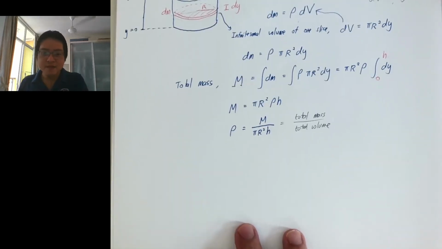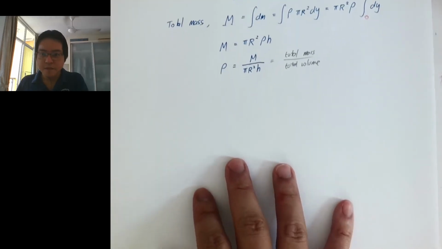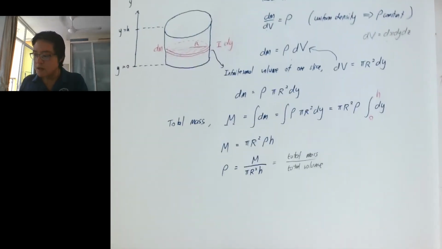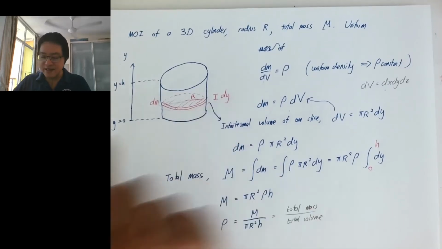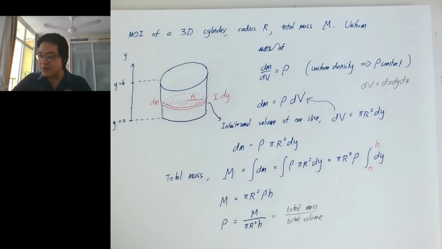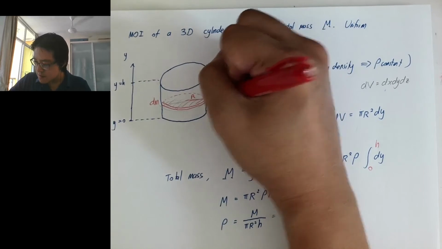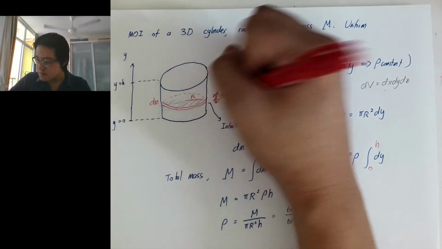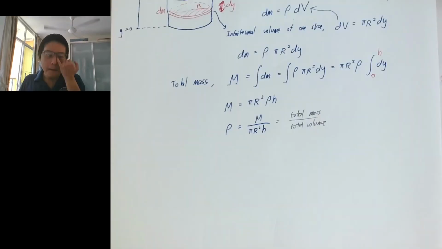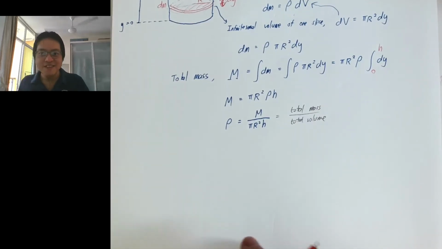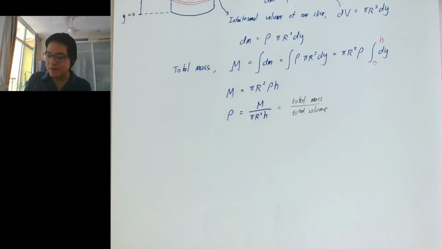The capital I here is just moment of inertia. Oh, it's not I. It's the arrow. Yeah, it's not I. Okay.